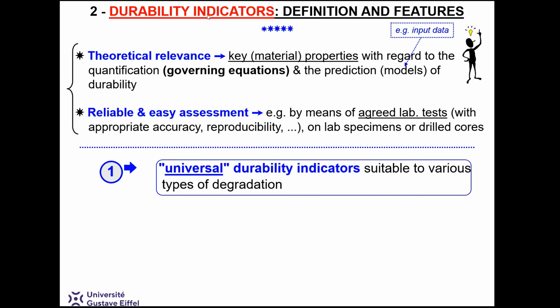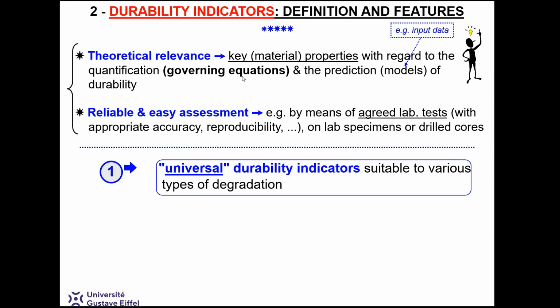So in this approach, what are the so-called durability indicators? First criterion, you need parameters with a theoretical relevance. What does it mean? This means that these indicators are key material properties with regard to the quantification and the prediction of durability.